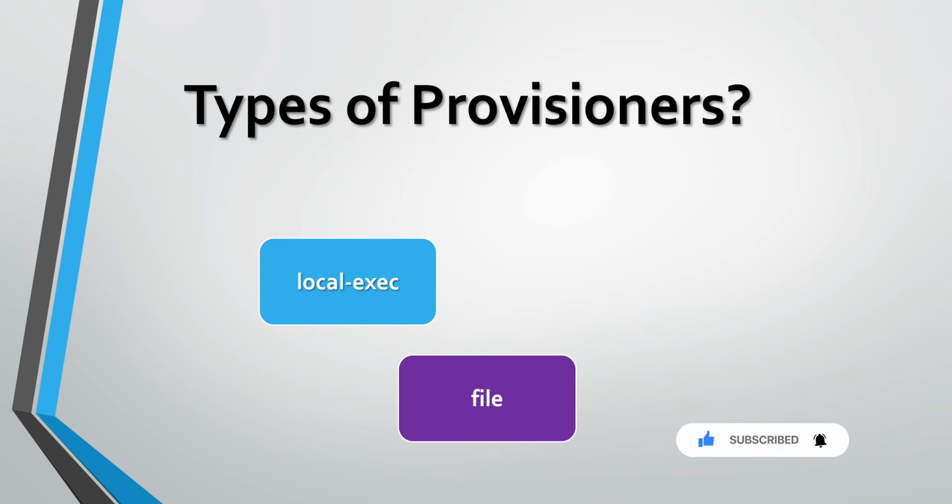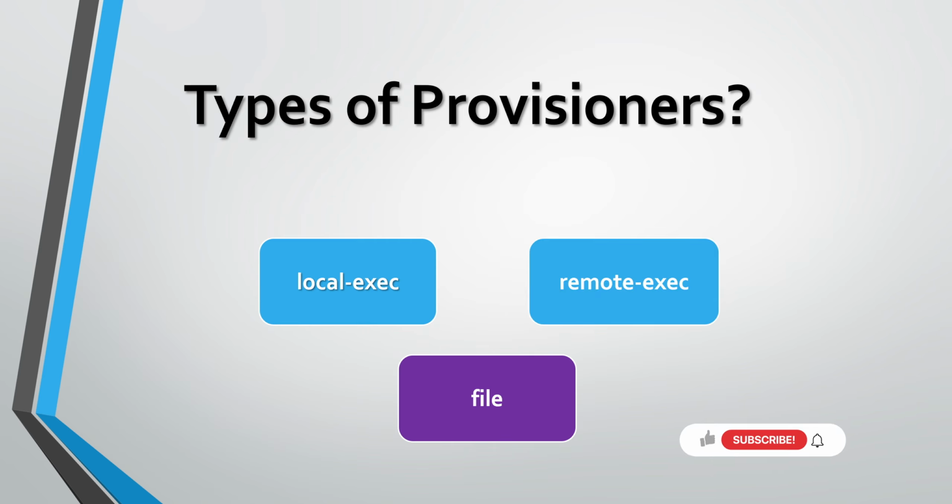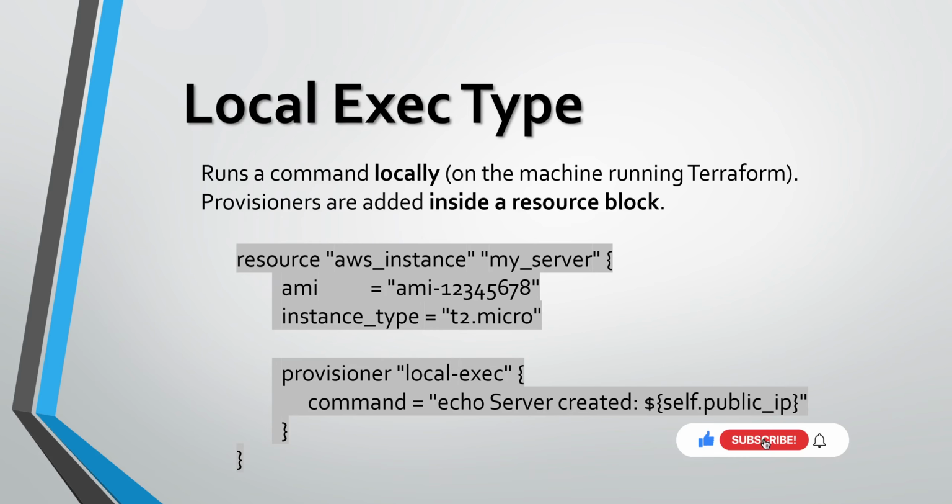If you want to copy a file from the local machine to the remote machine, you can use the file provisioner. And we have remote-exec. This is if you want to do some kind of configuration on the remote machine. Of course we will see a remote-exec example in the demo session.